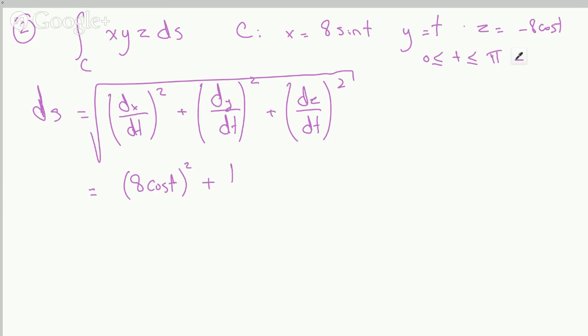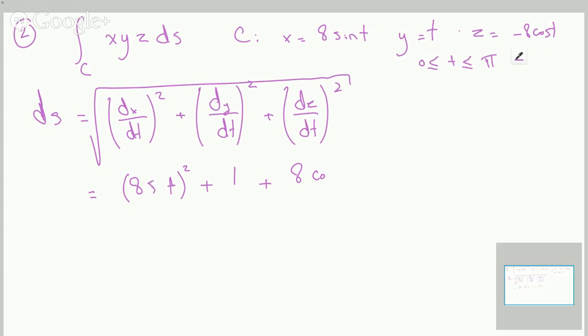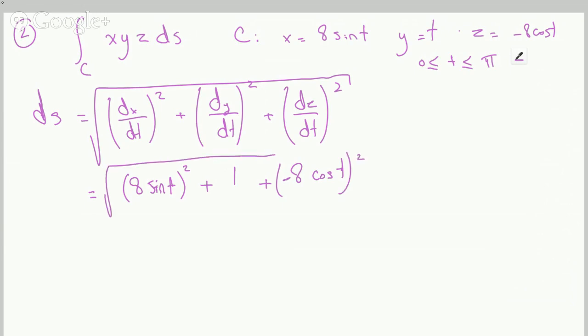Dy over dt is just 1, squared, because the derivative of t is 1. And dz over dt will be 8. I'm sorry, this is a sine, not a cosine. 8 cosine t, minus 8 sine t here, squared, and then we take the square root.